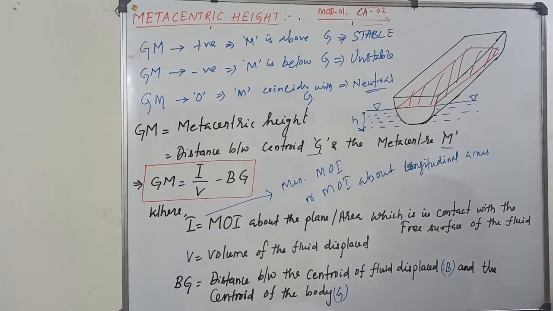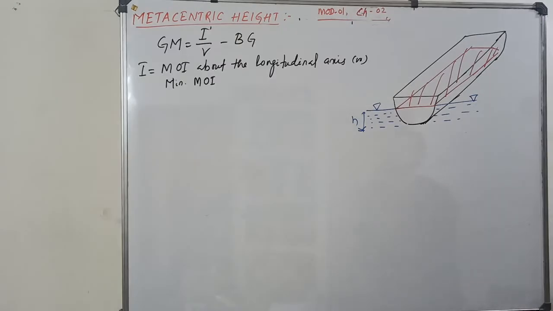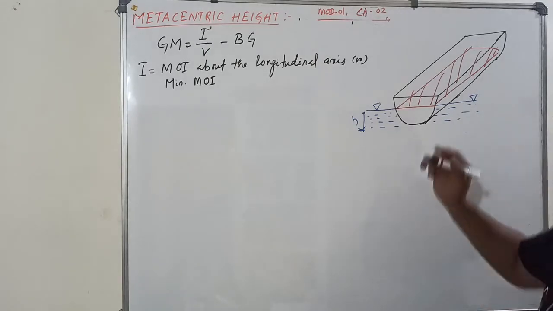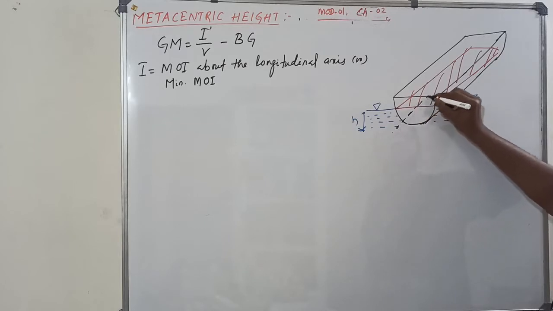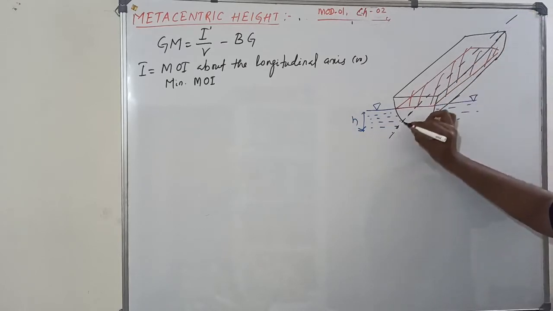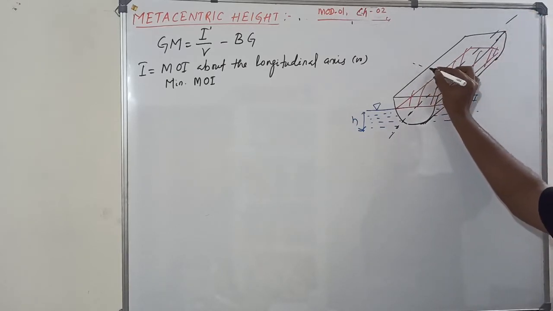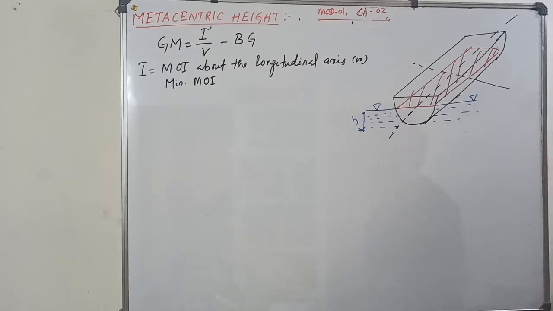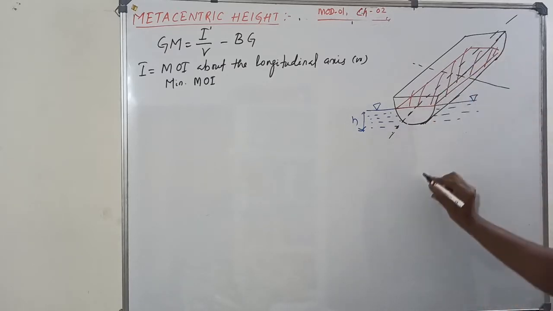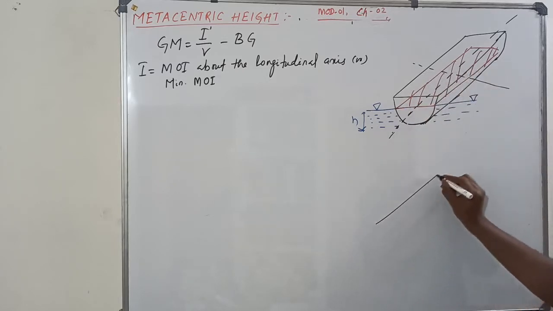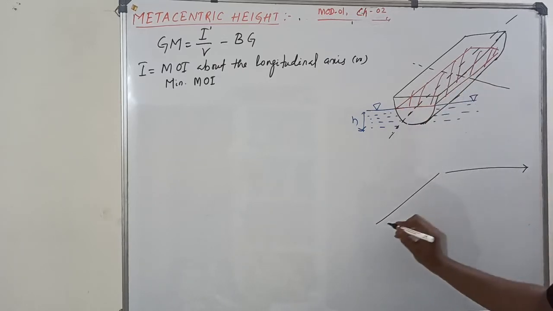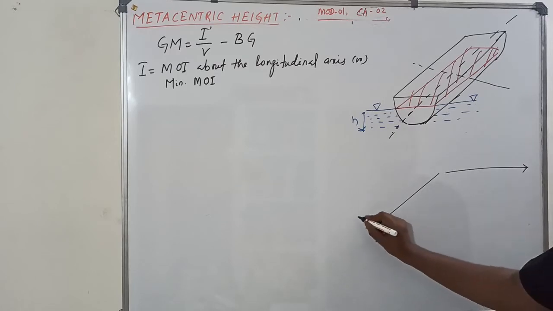Okay, note it down. I'll explain why I is the minimum moment of inertia, or the moment of inertia about the longitudinal axis. See, this is the longitudinal axis. You will agree with me? Yes, this is the longitudinal axis. This is your transverse axis.